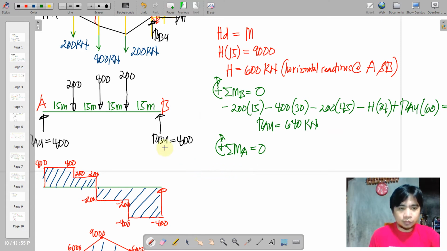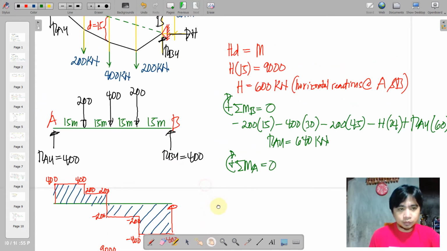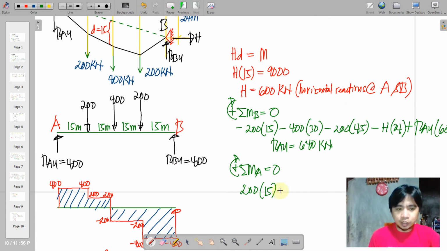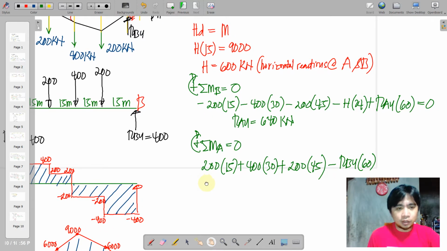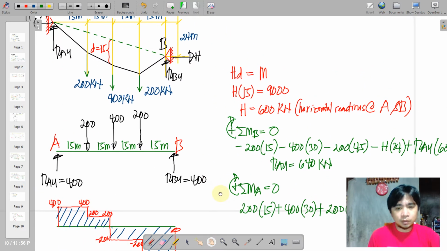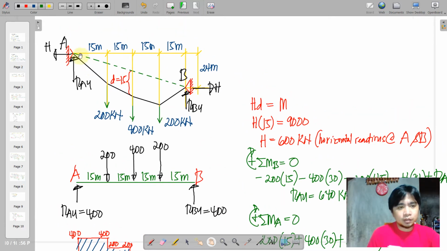So we have 200 times 15 plus 400 times 30 plus the other 200 with the moment arm of 45 minus RBY times 60. Okay, what else?